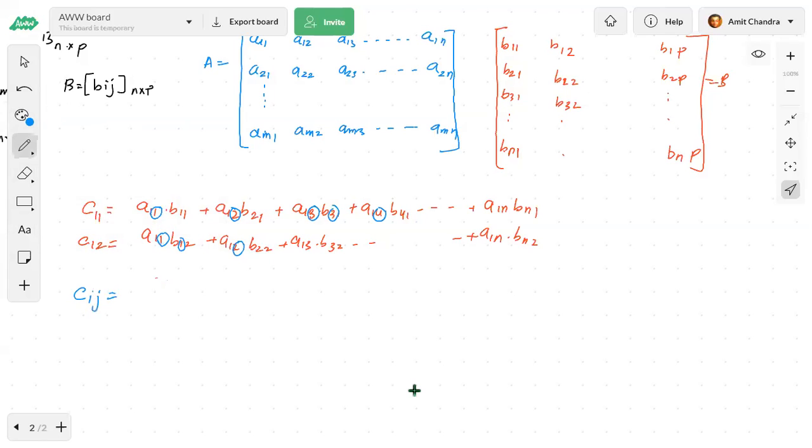So if I have to write Cij, just think about it: what will I write instead of Cij for each element if I multiply? Just check it. Remember, you have to write a general statement. How will you write the sigma of the multiplication of two matrices? Think about it.